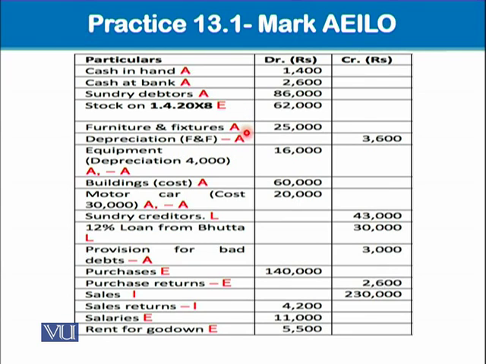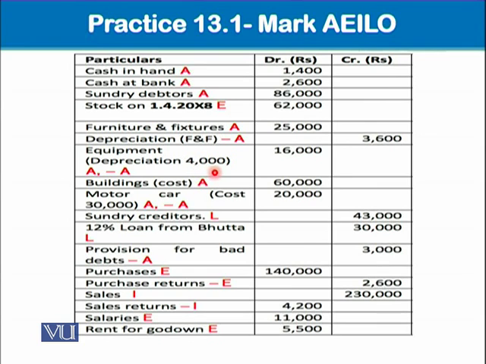Furniture is an asset. Accumulated depreciation appearing in the credit side, mark minus A because it is contra to the asset. We have already discussed this. Well, the technicality here is that equipment, 16,000, appears in the debit side, and its accumulated depreciation is appearing outside the trial balance.